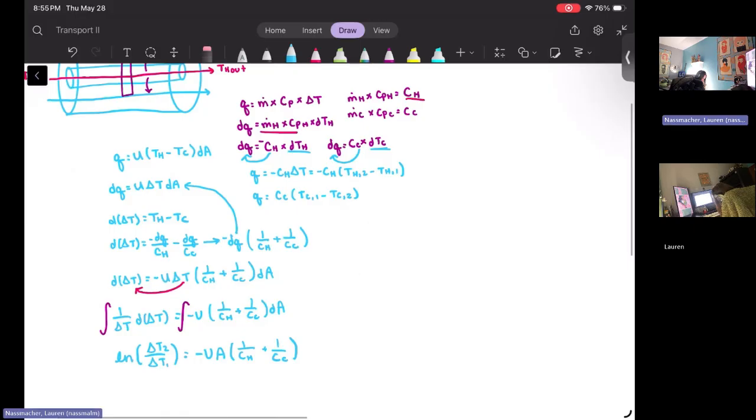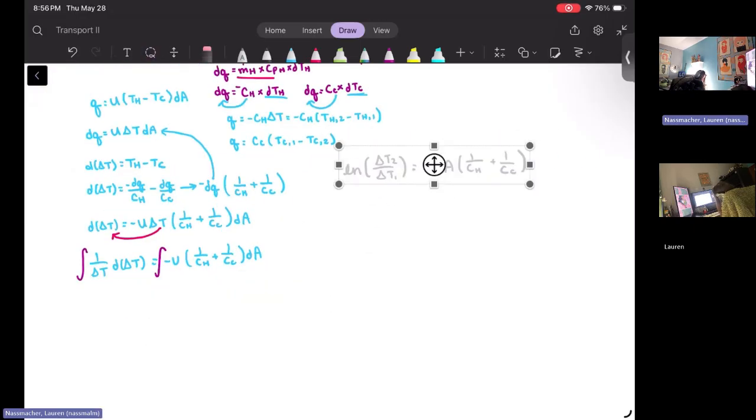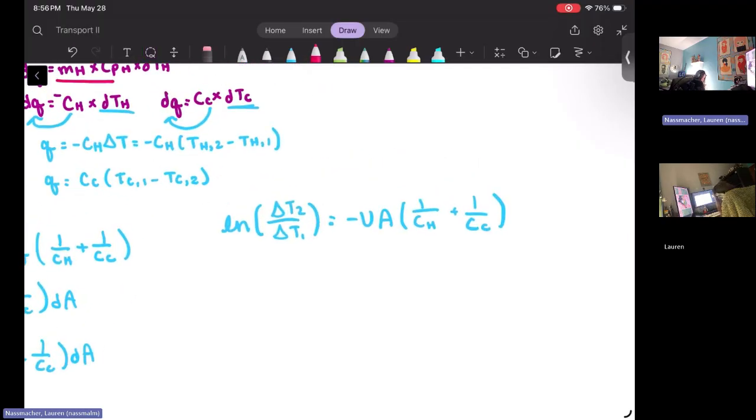And we have that now. So I'm going to take this and put it over here. Everything's the same color. Plug it in. So we get the natural log of TH2 minus TC2, right?